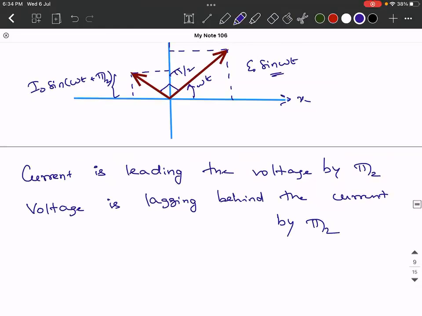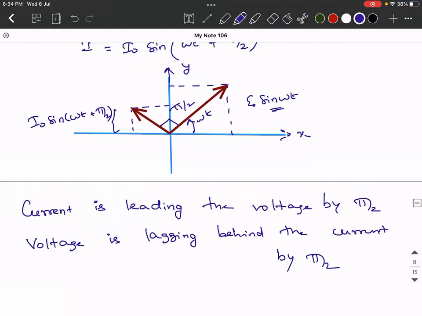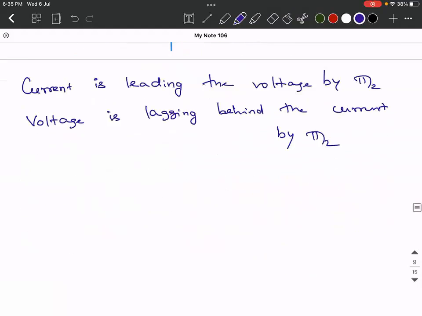So this happens in the case of a capacitor. But this is a phasor diagram. For every such device, you need to draw a phasor diagram and a graphical representation as well.